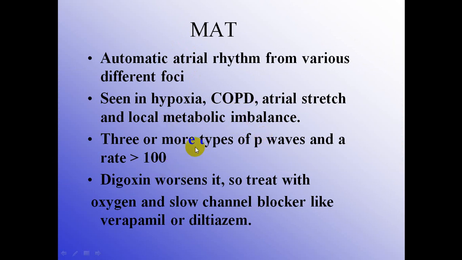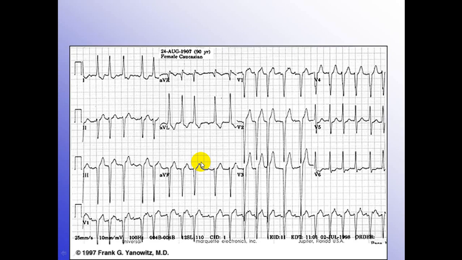Three or more types of P wave are seen, so it is multiple shapes of P wave. The rate is more than 100. Digoxin worsens it, so treat with oxygen and a slow calcium channel blocker like verapamil or diltiazem.